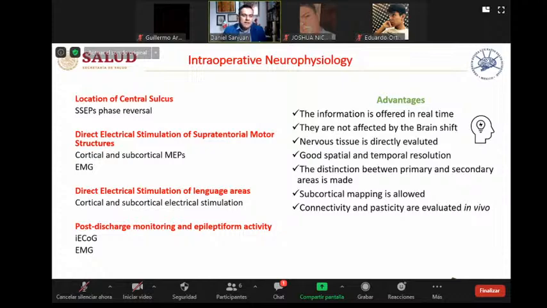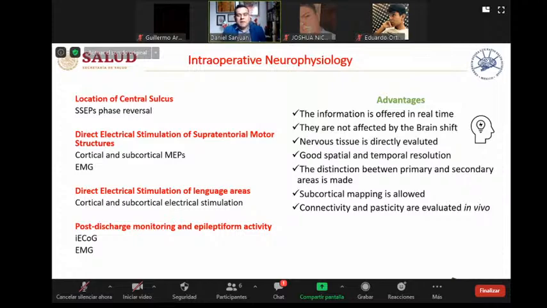The direct electrical stimulation of language areas is basically cortical and subcortical mapping electrical stimulation, and using the post-discharge monitoring and epileptiform activities, not only for epilepsy surgery, also for the mapping, simultaneously with the other techniques, with the intra-electrocorticographic recording or EMG free.